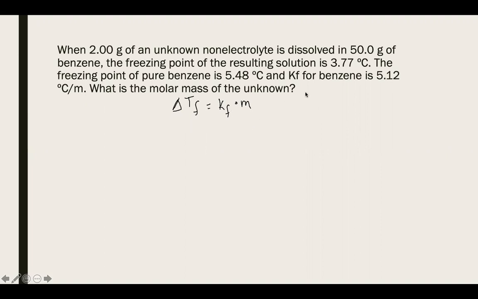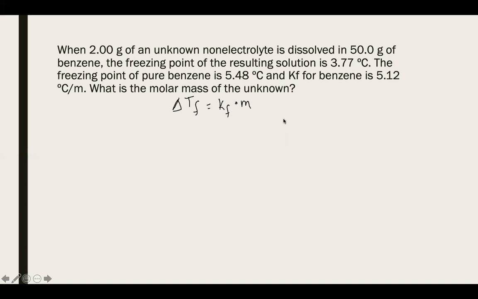We're actually trying to find the molar mass. But we can work backwards from what we get from this equation in order to figure out the molar mass, because we have the grams of the unknown electrolyte, and what we're really searching for is the moles of this unknown electrolyte that was dissolved in the solution.